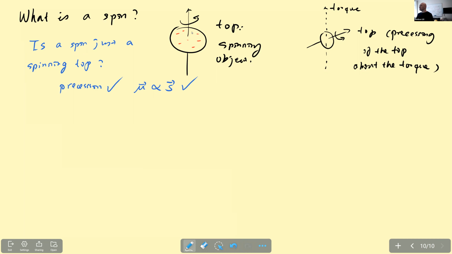Okay. And then if these charges are spinning, you're going to have a current, right? And if there's a current, then you're going to have a magnetic dipole. So that is what we usually tell students, a kind of intuitive understanding of why the electron has a magnetic dipole, why the spin has angular momentum.